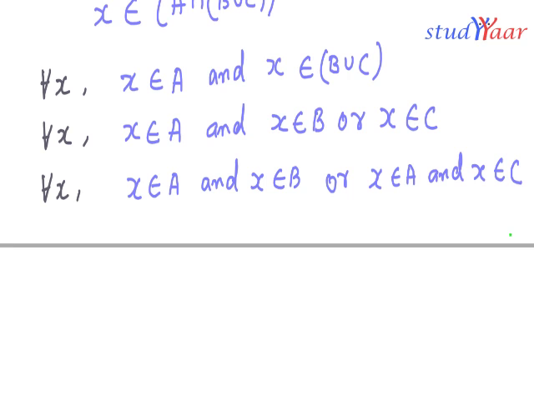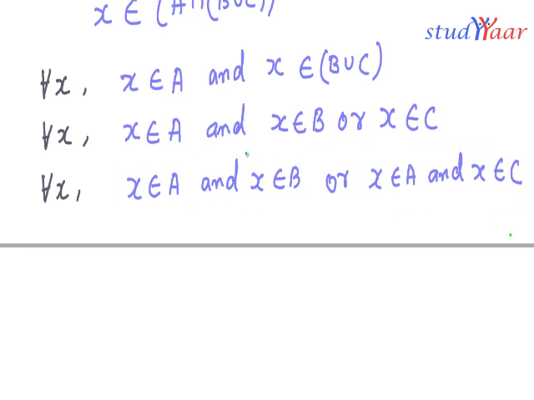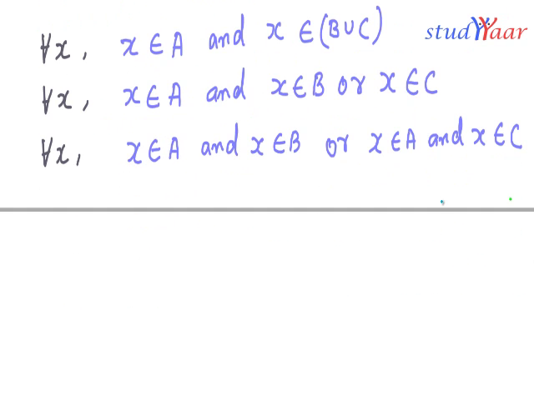Okay, I have just rewritten this statement in this form. Both these statements are equivalent. Now what I can do next is say for all X, just concentrate on this.